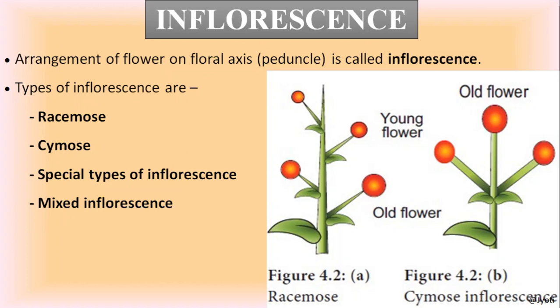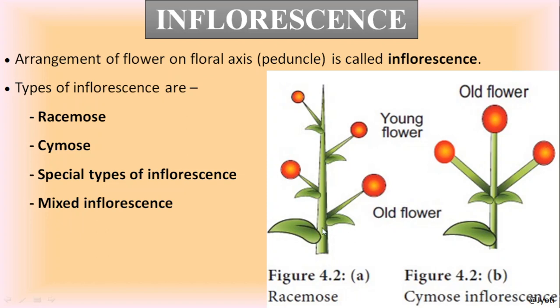What is inflorescence? The arrangement of flowers on the floral axis is called inflorescence, or we can say the branch of the plant that bears the flowers is called inflorescence. In this picture you can see the branch of a plant, or the portion of the stem that bears the flowers.